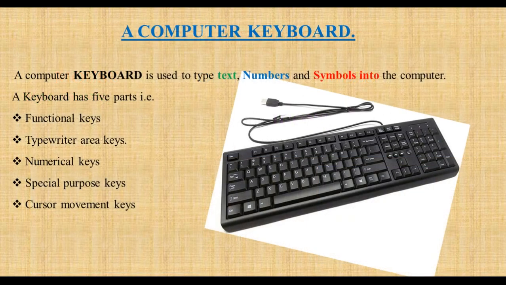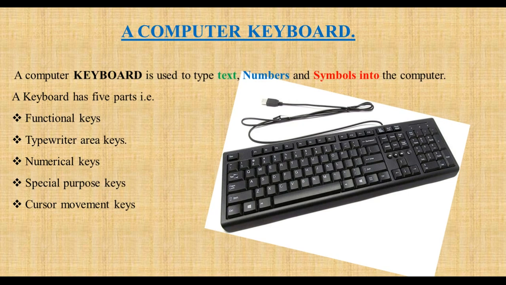In another example, we have a computer keyboard, and a computer keyboard is used to type text, numbers and symbols into the computer. And when you look at a computer keyboard, it has 5 parts. One, it has the functional keys. That is the part where we find the F1, F2, F3, all those keys labeled with F up to F12.